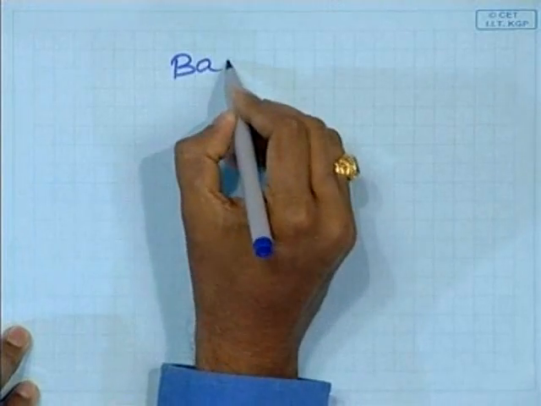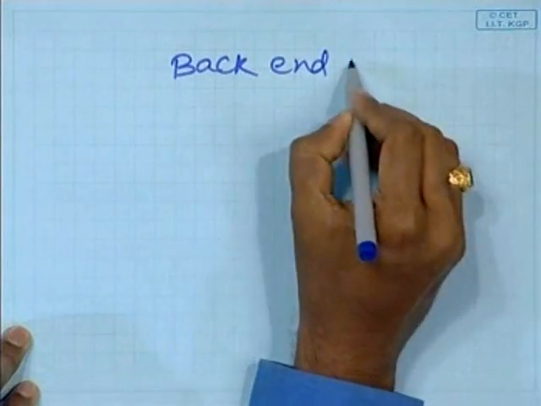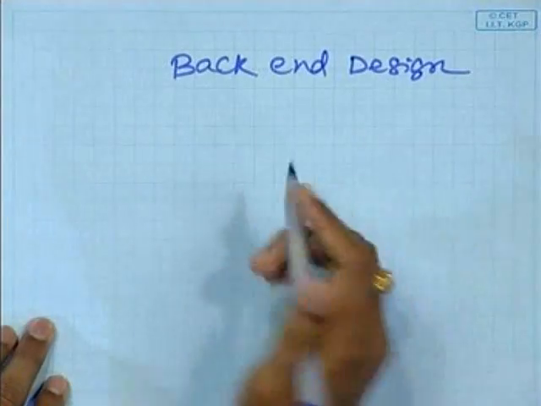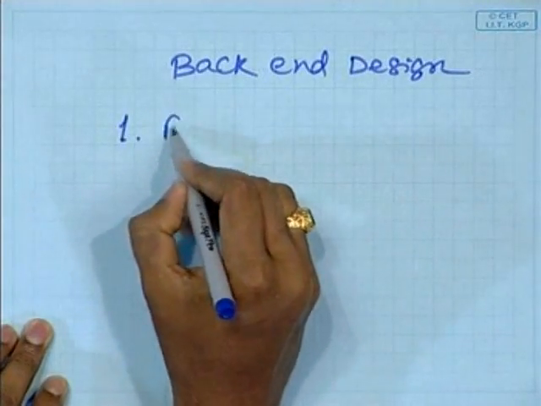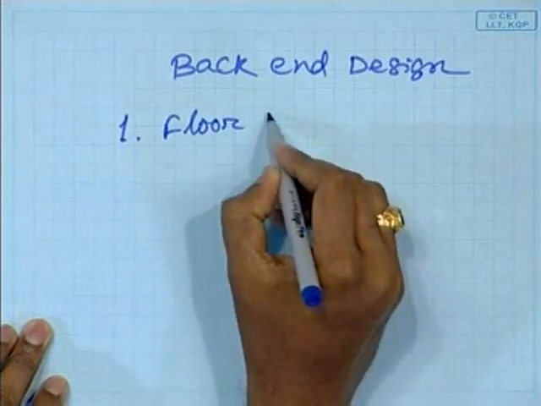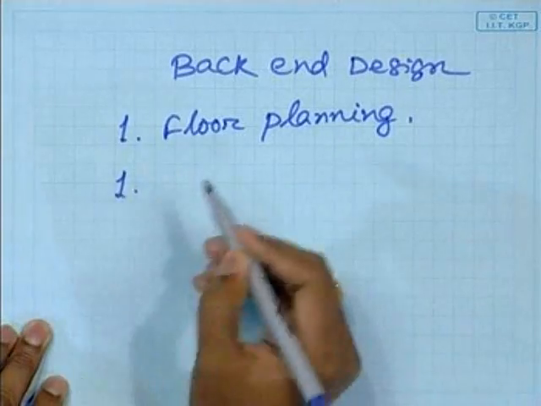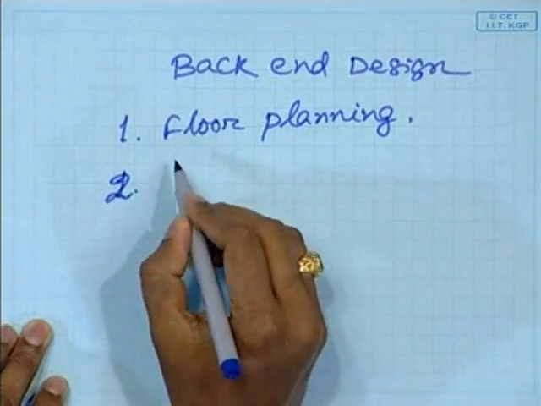So backend design is broadly classified: the first step is floor planning, the second is placement.